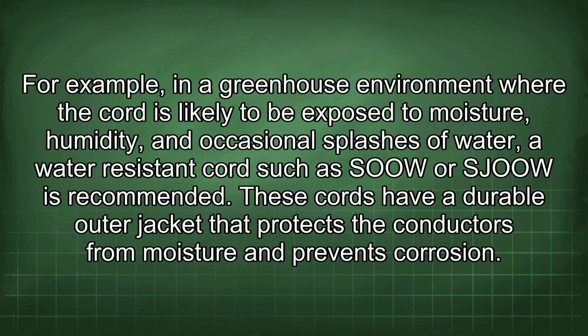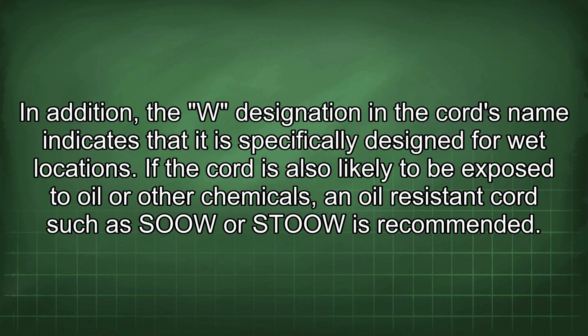For example, in a greenhouse environment where the cord is likely to be exposed to moisture, humidity, and occasional splashes of water, a water-resistant cord such as SOW or SOW is recommended. These cords have a durable outer jacket that protects the conductors from moisture and prevents corrosion. In addition, the W designation in the cord's name indicates that it is specifically designed for wet locations.